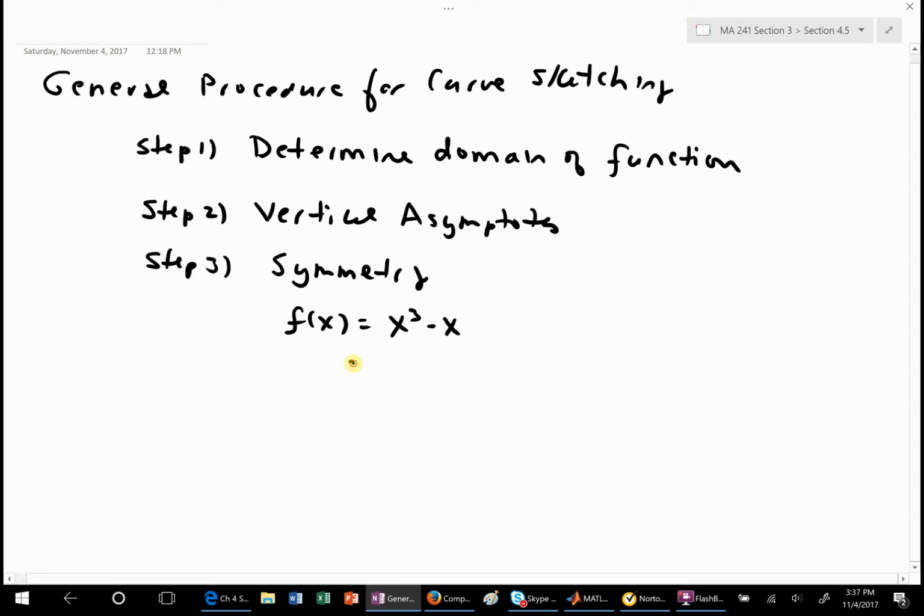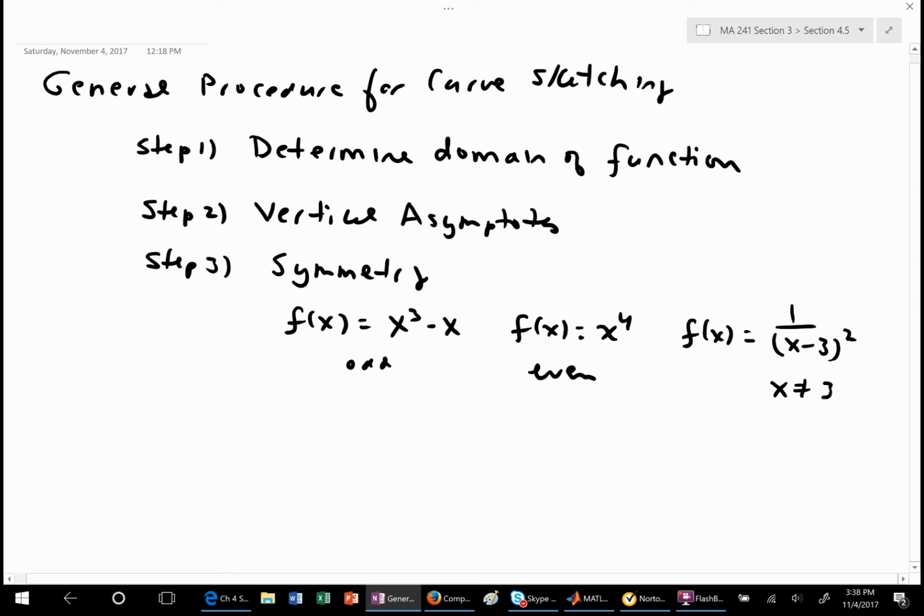If you have f of x equals x to the fourth, same sort of thing. I'm going to use the fact that this is even. But there are certain functions that are symmetric that don't appear to be. So for example, the function f of x equals 1 over (x minus 3) squared, for x not equal to 3, actually is symmetric. It's an even function about x equals 3. Okay?